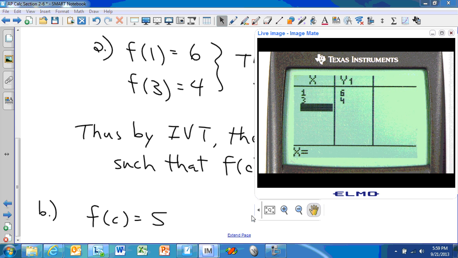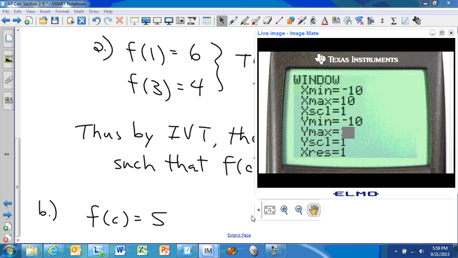And so I'm going to go to my calculator here, and I guess we'll use an appropriate window for what makes most sense. You could do this in the standard window here, but I'm going to change the window up slightly. They gave us a sketch of it in the book too that we could use, but if we go from 0 to 4 for our x's, if you're not sure exactly what y values to use, in this case I know it has to be between 6 and 4 because that's what f of 1 and f of 3 are.